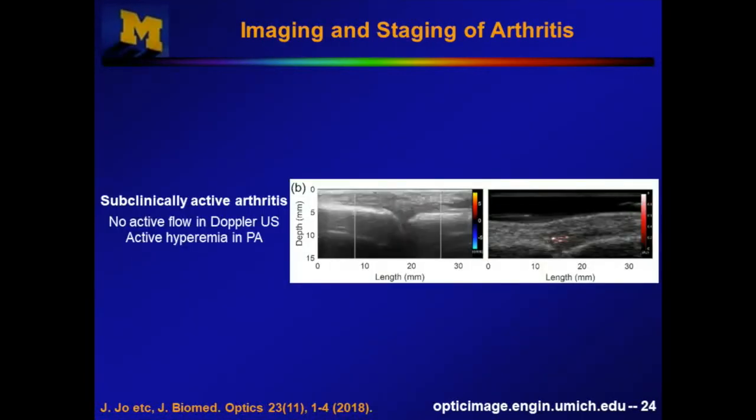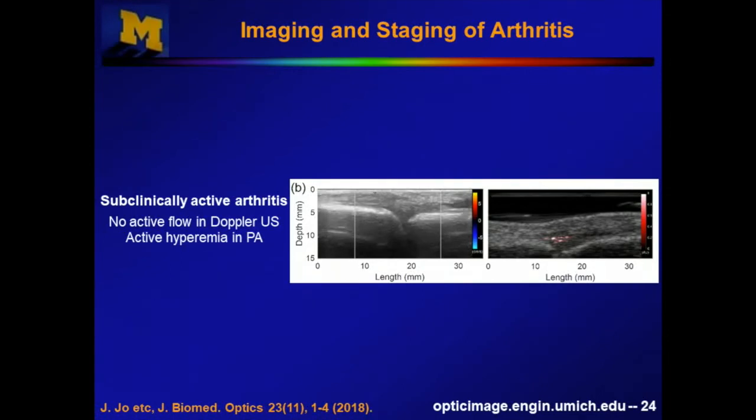The photoacoustic image, as I mentioned, is able to detect arthritis, but more importantly, it can help us stage the severity of arthritis. This result is from a subclinically active arthritis patient.